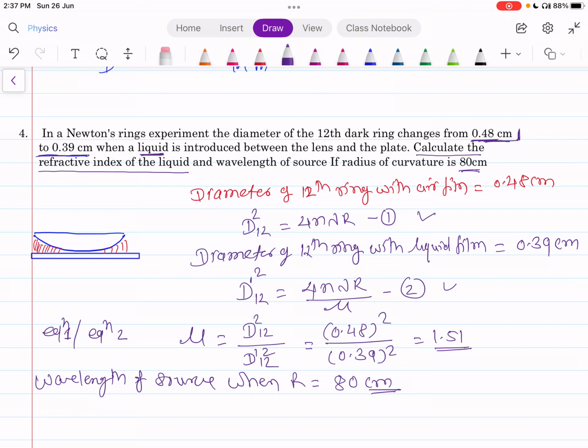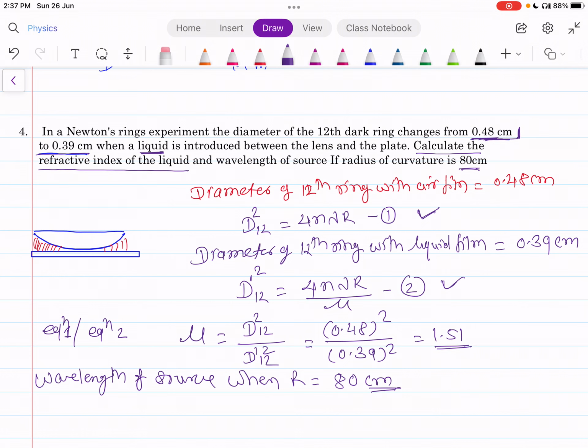We can use equation 1 or equation 2. Let us use equation 1. So d square of 12th ring is equal to 4n lambda r. We have to find lambda. Therefore, lambda is equal to d square of 12th ring divided by 4nr.